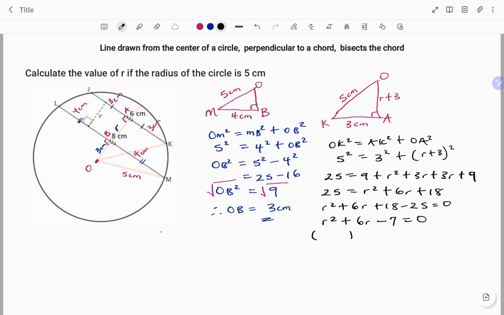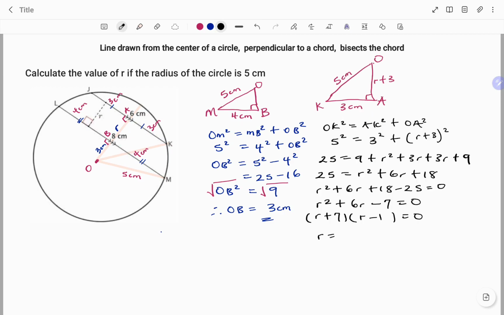Factorizing, I have R plus 7, R minus 1. Therefore, the value of R equals minus 7, or R equals 1. R equals minus 7, that's no solution. So therefore, the value of R is 1.